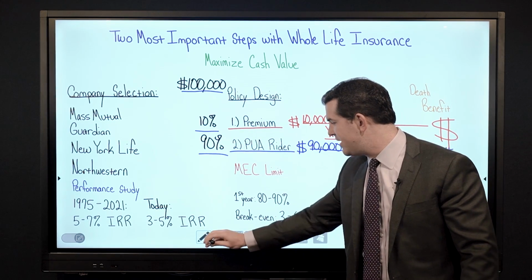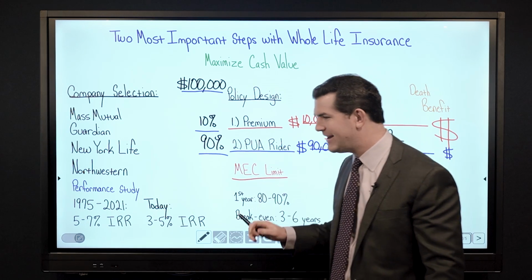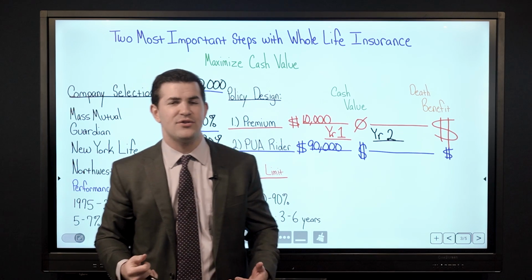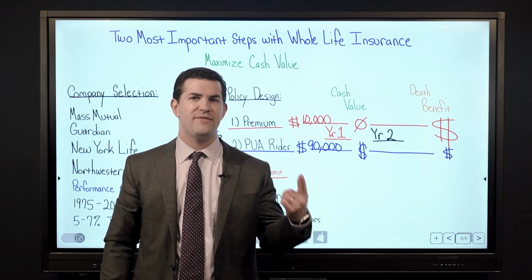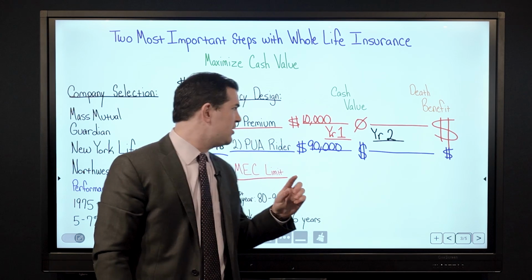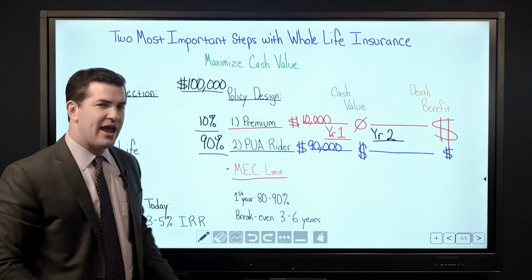And then next, I have this guy, this MEC limit, which stands for Modified Endowment Contract. So again, the core benefits of a cash value life insurance policy are safe, liquid, tax-free. Those are the core benefits. Any life insurance policy can become classified as this MEC.